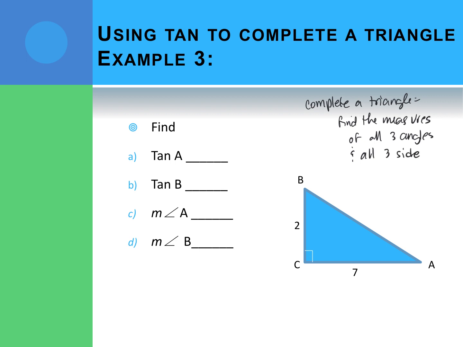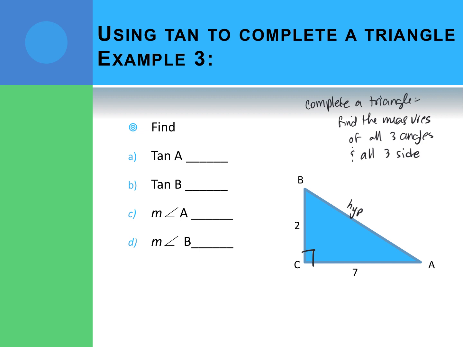So one angle is already given to you, right? We know angle C is 90 degrees, but we need to know A and B, and we need to know the third side. The hypotenuse is what's missing here.